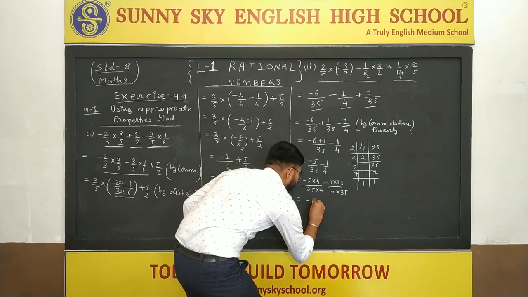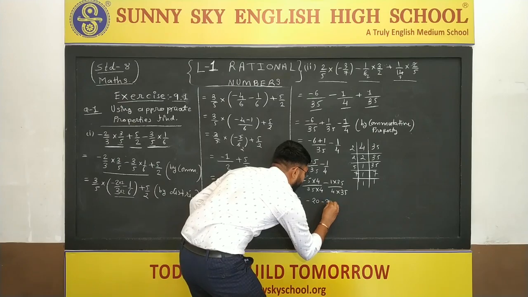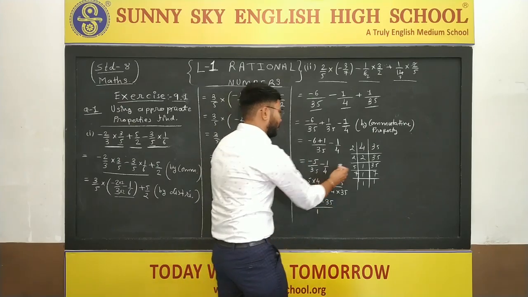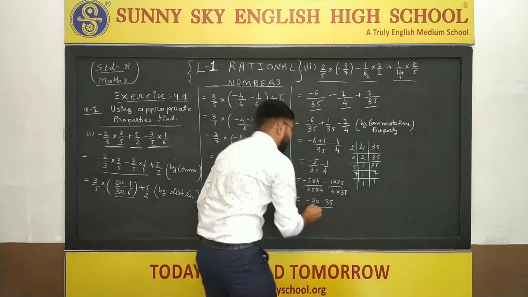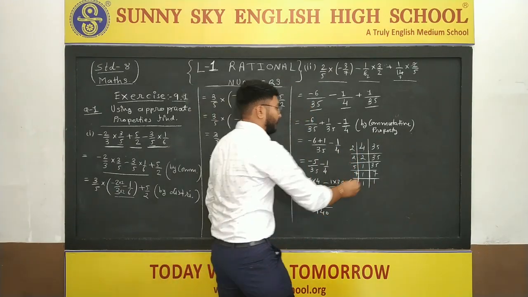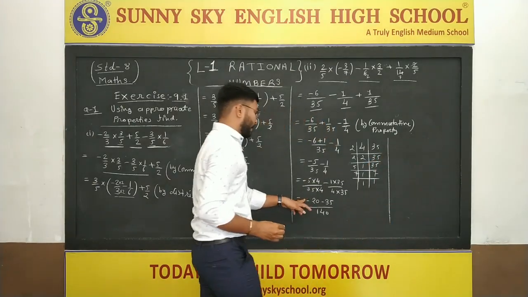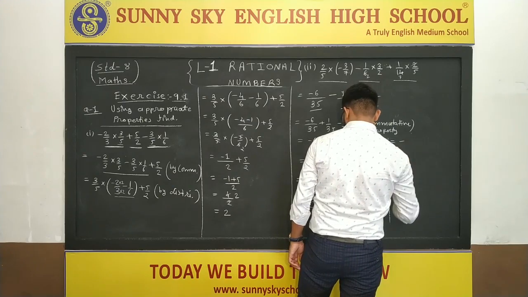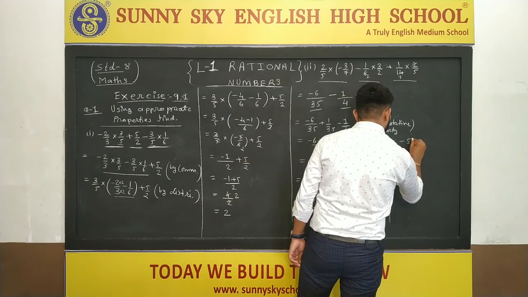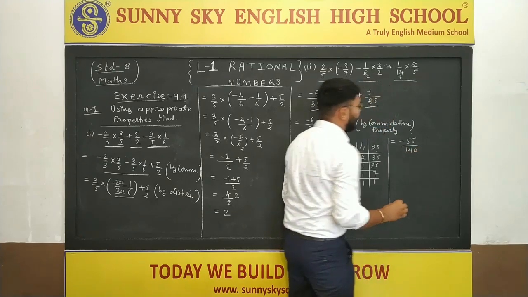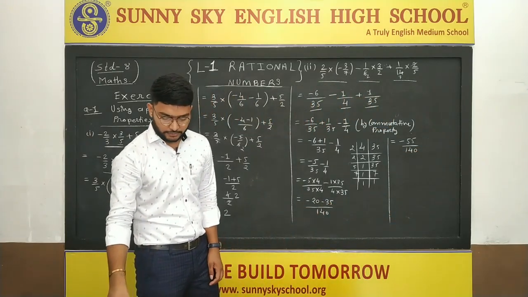Here minus 20 minus 35 divided by 140. Now if we solve them, minus and minus give minus, 55 divided by 140, and it is our answer.